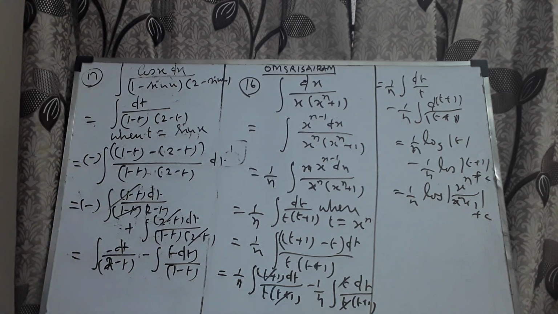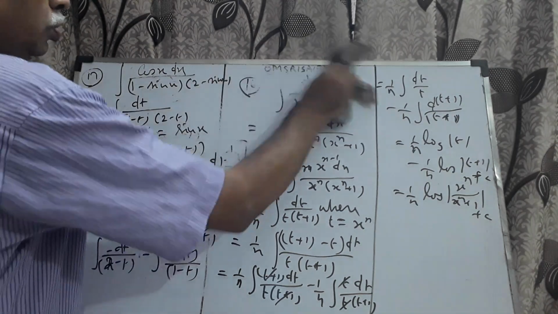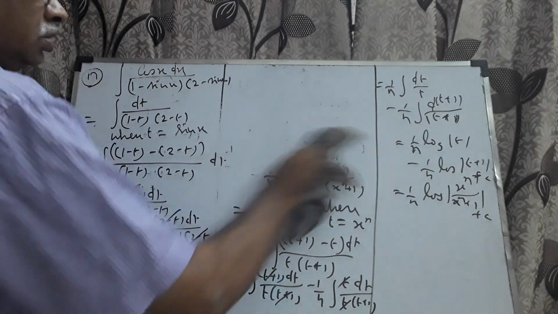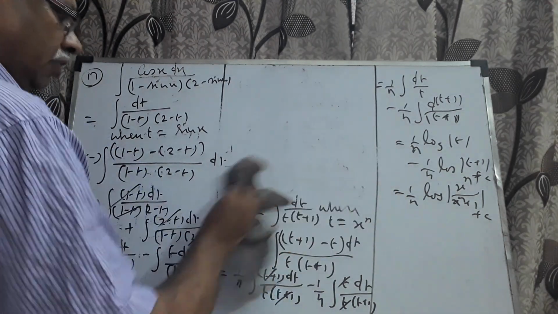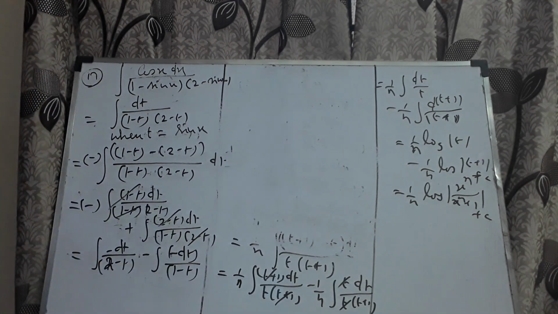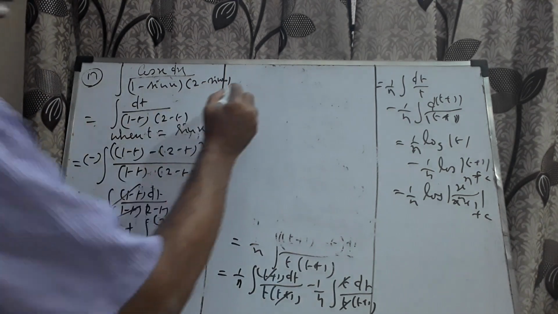Listen carefully. It is not at all difficult. You just need to understand carefully. Anyway, after completing, I'll explain once again. These easier methods will make you finish the paper in 2.5 hours out of 3 hours in your board exam.